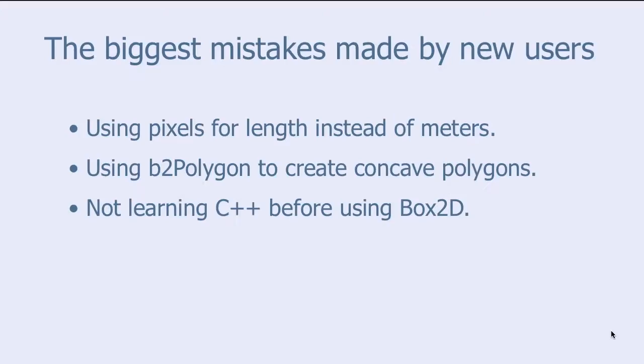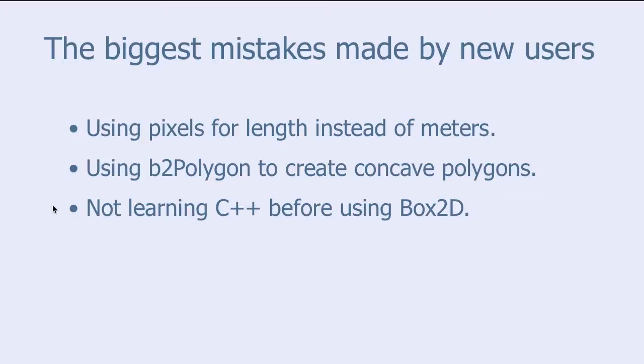Here are the most common mistakes made by new users. Using pixels instead of meters. They are using concave polygons, while Box2d only handles convex polygons. They do not know enough C++.